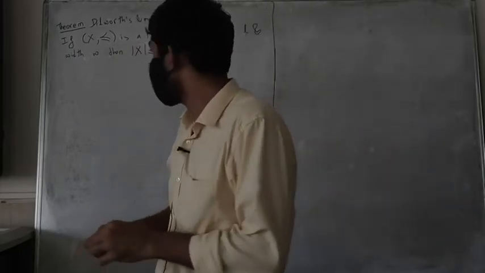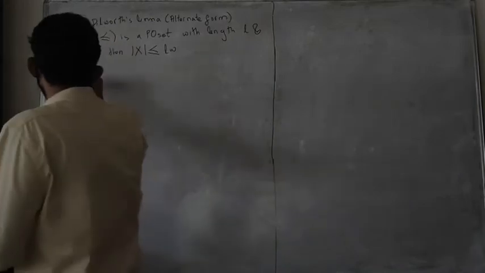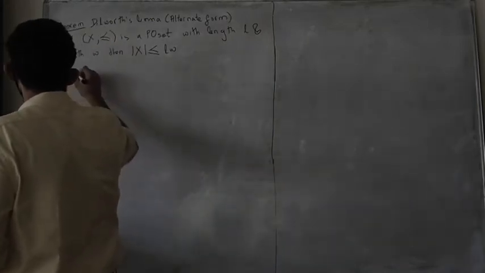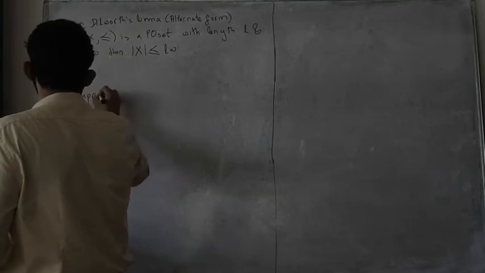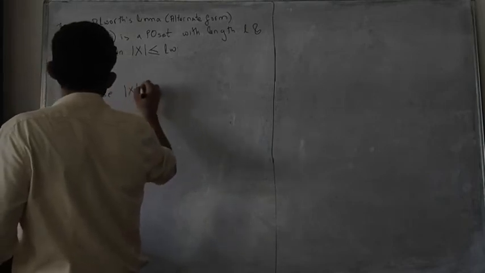So let's see how we can do that. It's a very simple proof. So suppose the cardinality of X is strictly greater than LW.